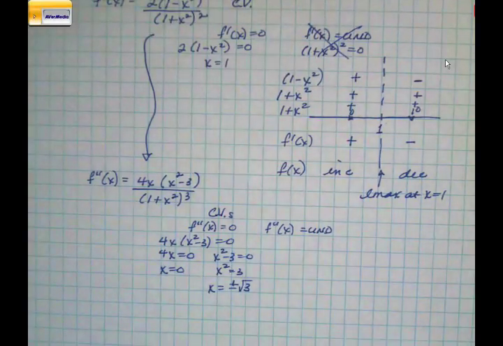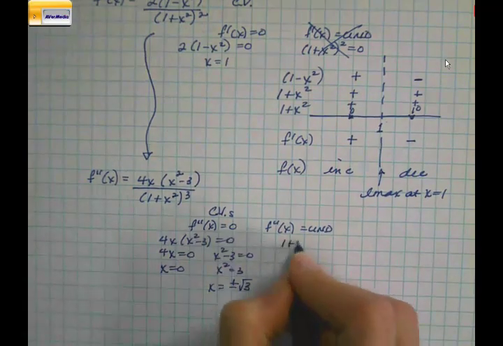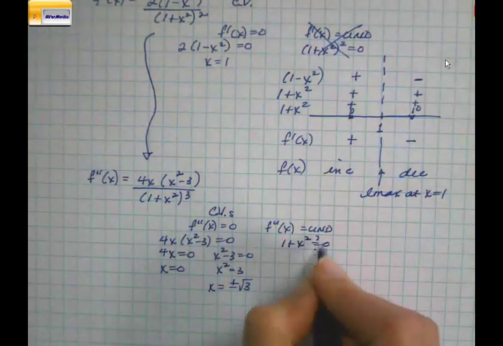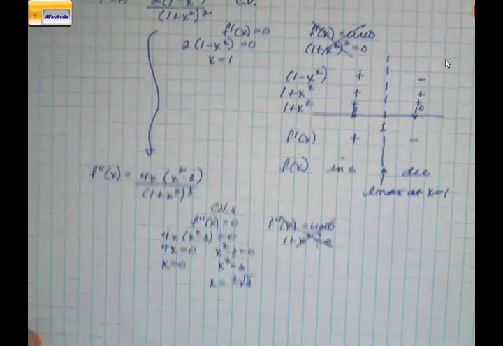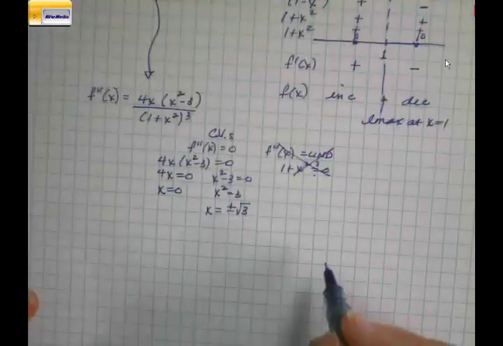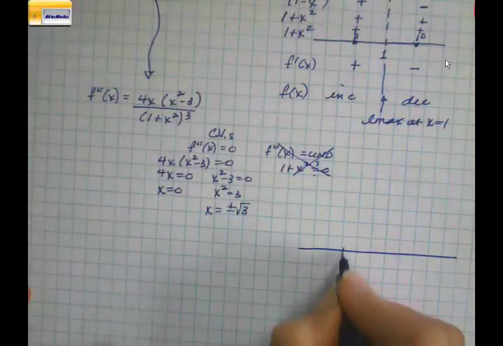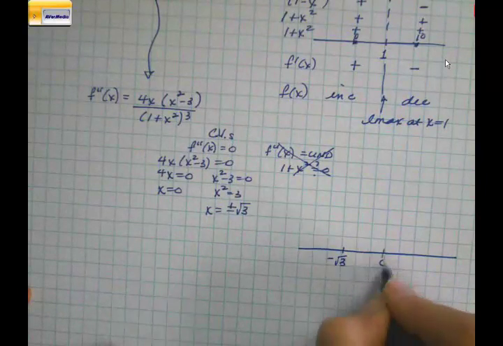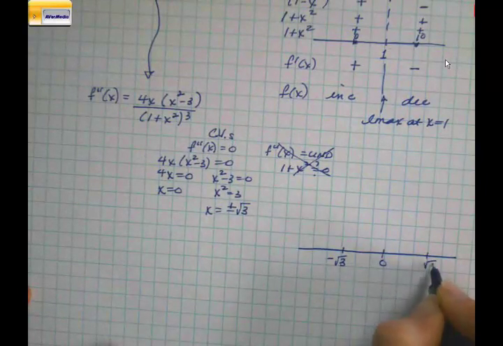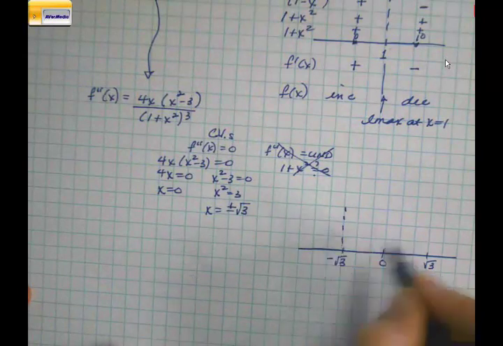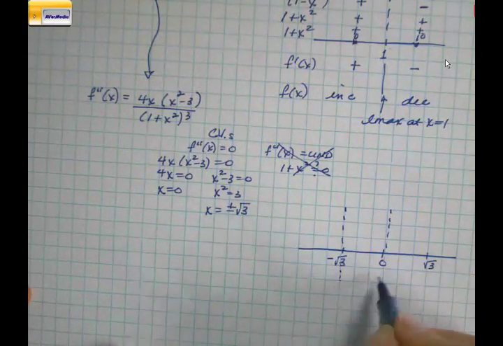When you put the radical, you put the plus minus. There are 3 critical values there. Is there any place that we can make the denominator equal 0? Never happens. A good deal. So we have 3 critical values on the second derivative: a negative square root of 3, a 0, and a positive square root of 3.